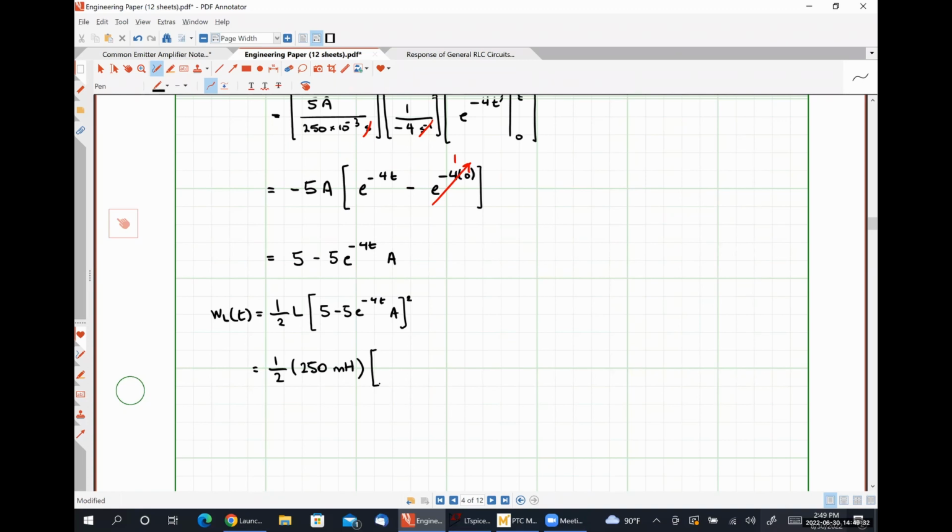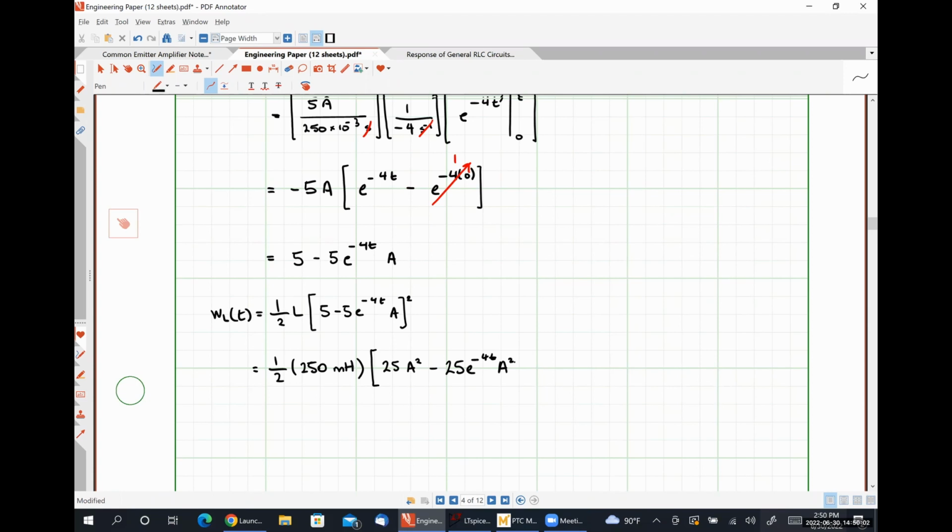times, so 5 times 5 is going to give me 25 amps squared, and then I'm going to have 5 times -5 e to the minus 4t, so that's going to look like minus 25 e to the minus 4t amps squared.